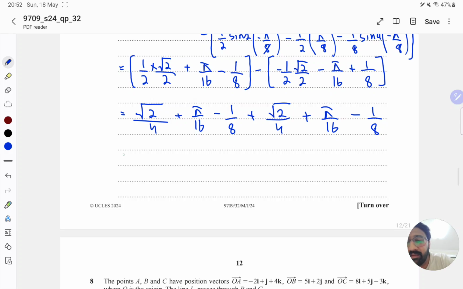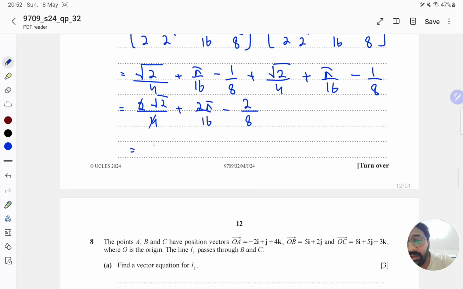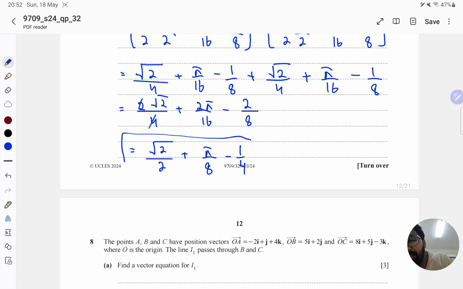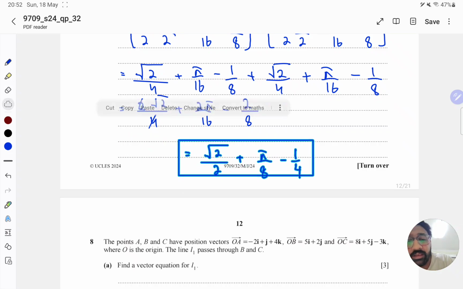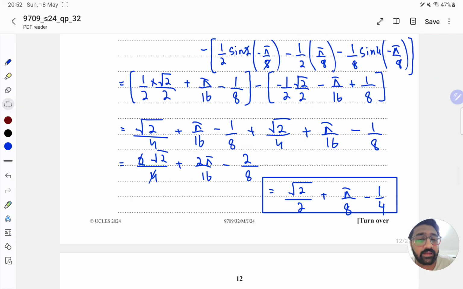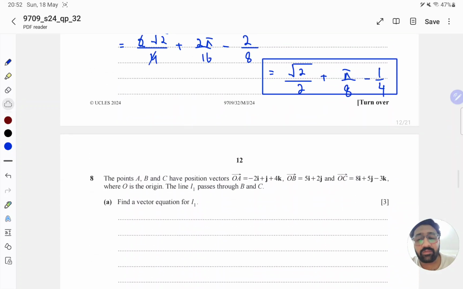Now if I further simplify, it will become 2 square root of 2 divided by 4 plus 2 pi over 16 minus 2 over 8. So the final answer will be square root of 2 divided by 2 plus pi over 8 minus 1 over 4. This is the final answer, and I think we are supposed to give the final answer in the exact form. Let me see. Yeah, exact value of the final answer.